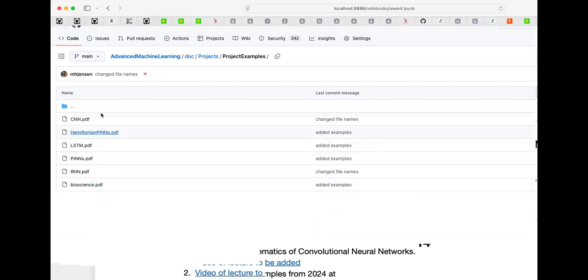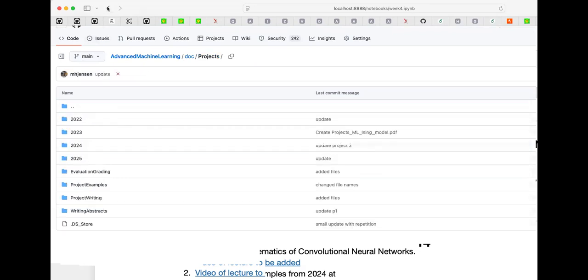There was a group who wrote a CNN code, people who did the Hamiltonian PINNs. There was a group which did recurrent neural networks with long short-term memory. There was a plain PINNs group. There was another group which did RNNs, but with language modeling as input. And then there was a project on bioscience using convolutional neural networks and other methods. So these are examples which you can look up.